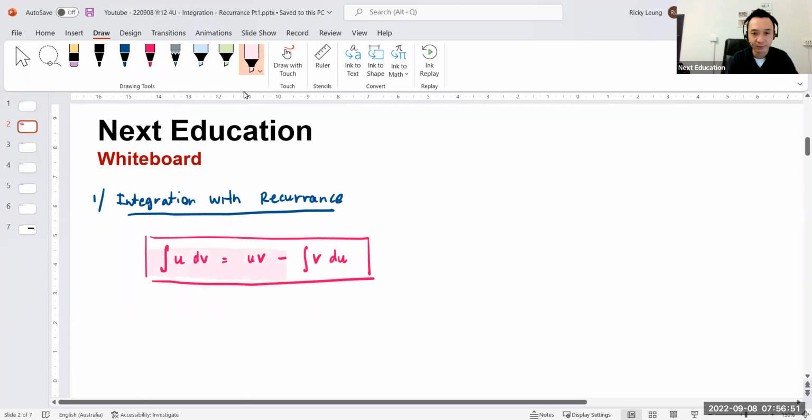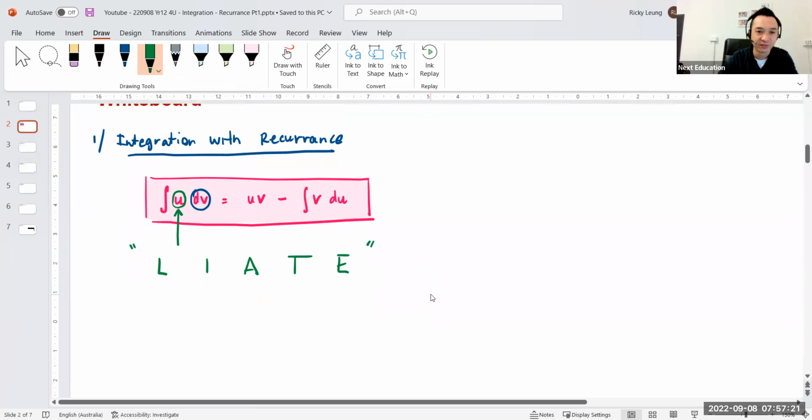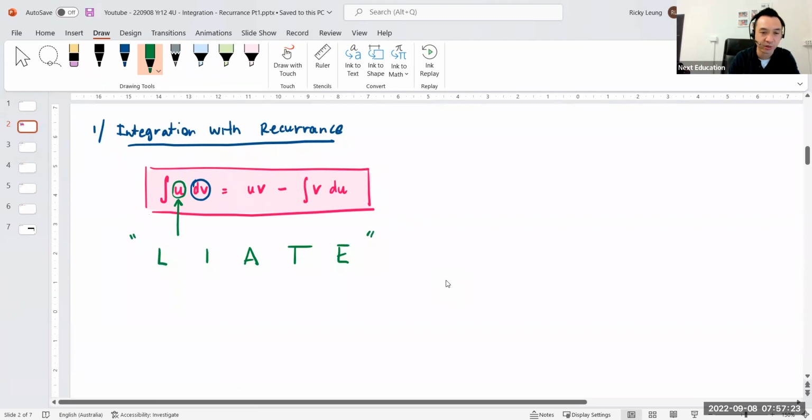Now, if that's the formula at play for integration by parts, you can see, I'll use a different color here, there is one function for u and another for dv, right? LIATE is a cool little acronym, and I'll write it with a bit of space because they all sort of stand for something. That lets you identify the function for u.